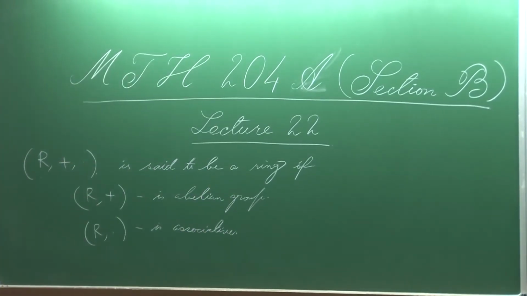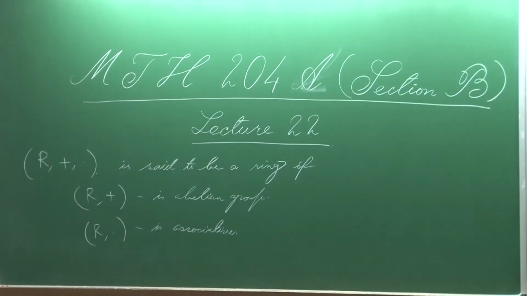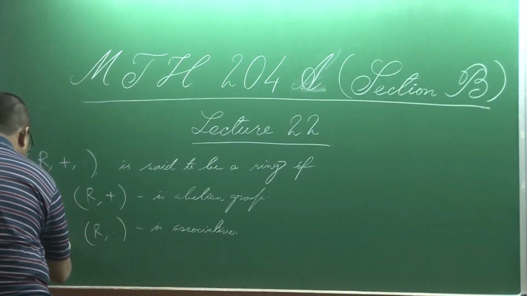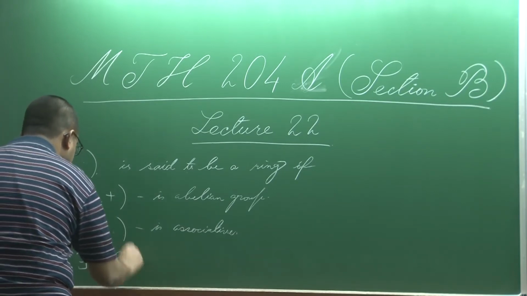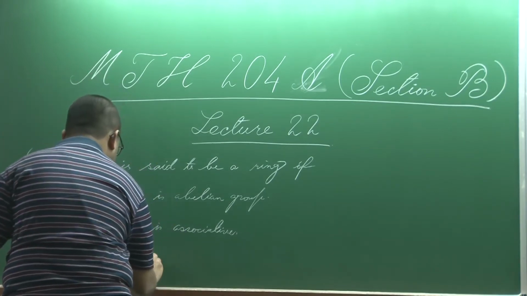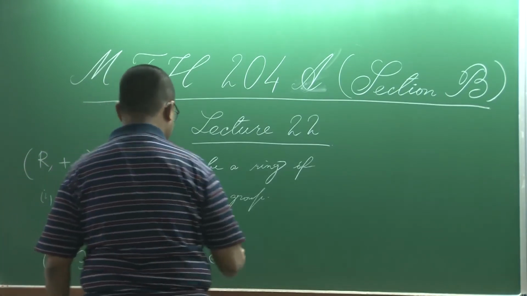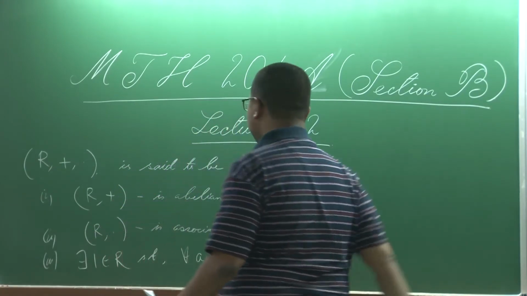In this course, all the rings that we are going to consider have unity. That is, the third condition is there exists an element 1 in R such that for every a in R, a times 1 and 1 times a is a.